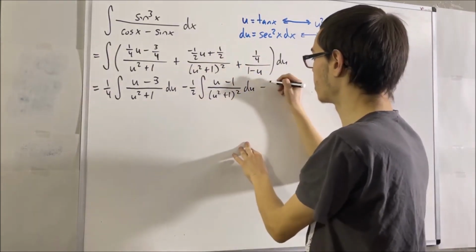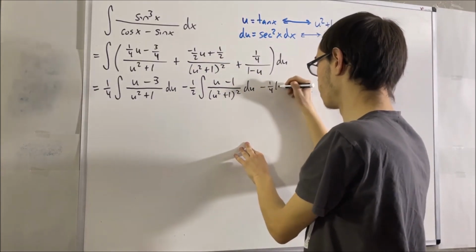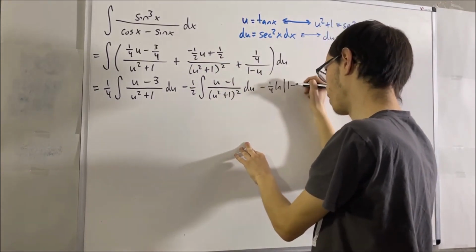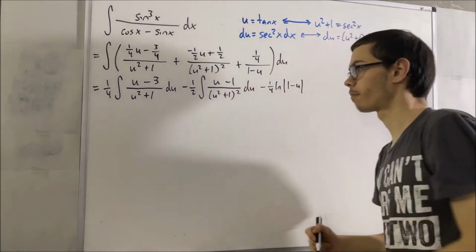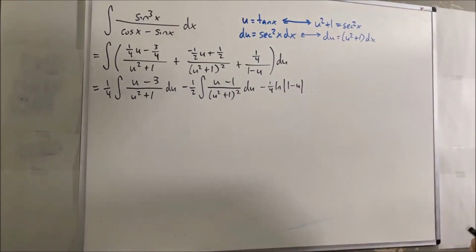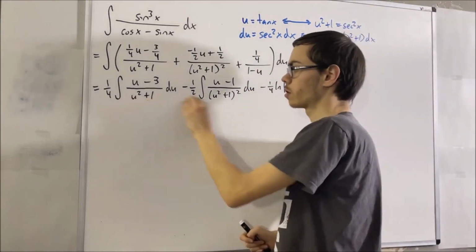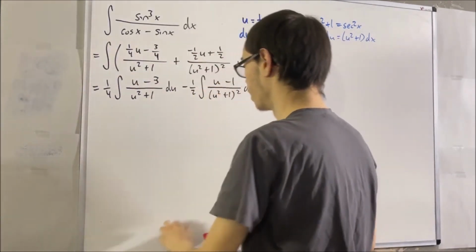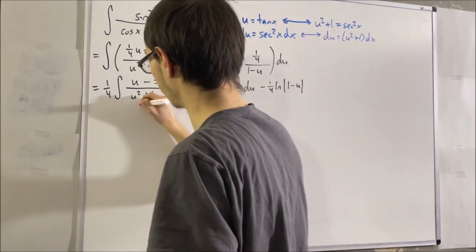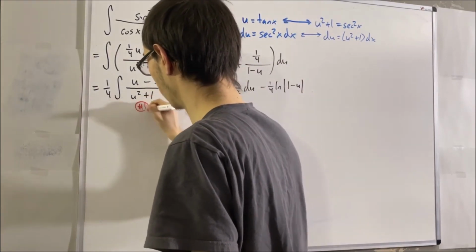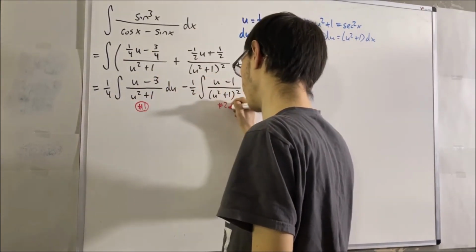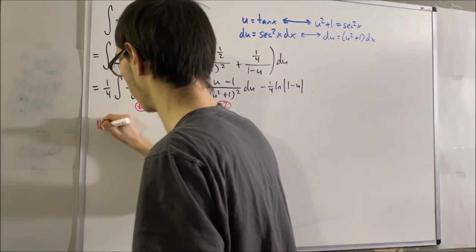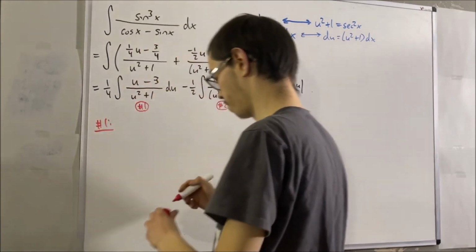It's going to be minus 1/4 times the natural log of the absolute value of 1 minus u. Right, but really at this point, there's really 2 integrals to evaluate. And so I'm going to call each of these integrals a name so that you know which ones I'm evaluating. I'll call this integral number 1 and integral number 2. So, integral number 1.